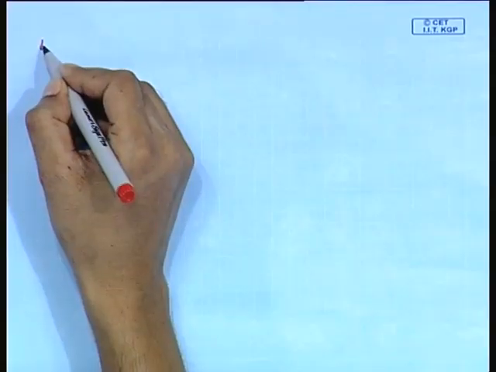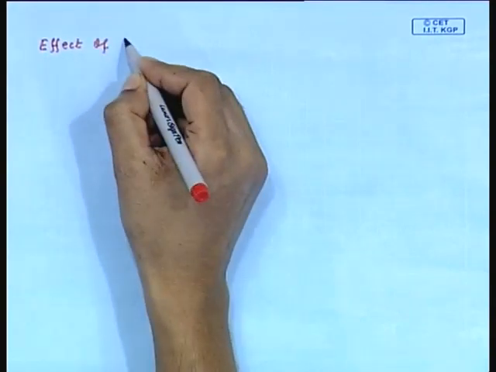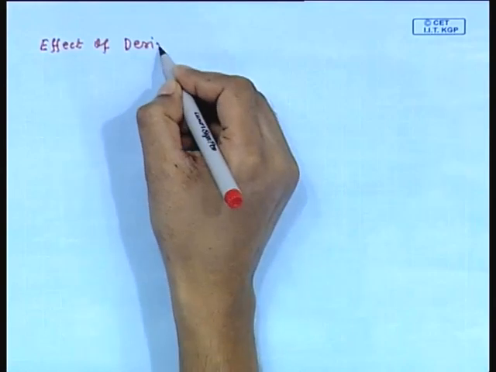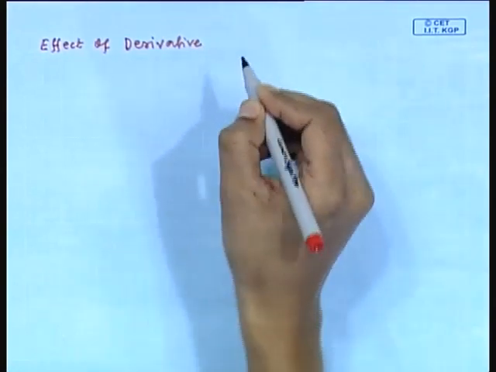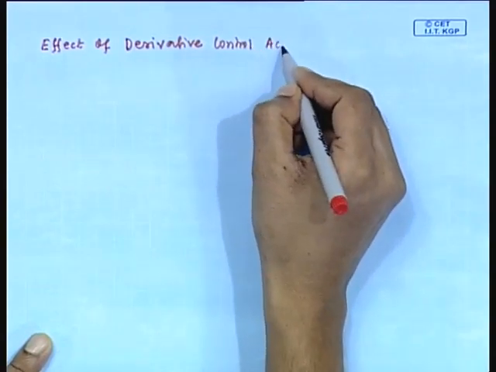So, we discussed the effect of proportional action and integral action on the closed loop response. The third action is the derivative action. Next we will discuss the effect of derivative action on closed loop response, the derivative control action.